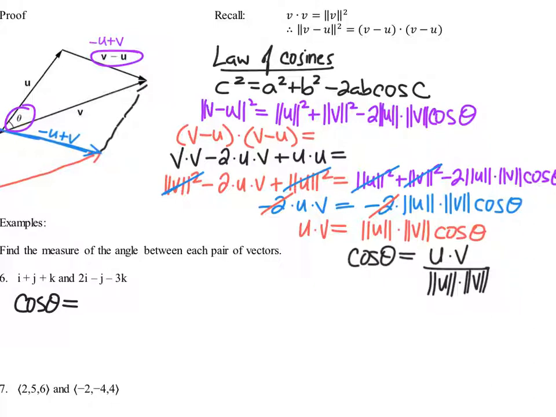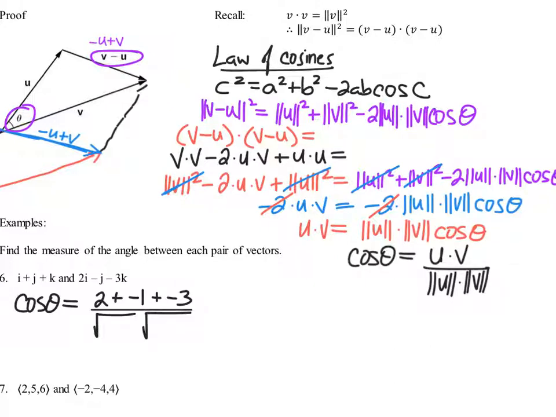So multiply and add on the fly. 1 times 2 is 2. 1 times -1 is -1. 1 times -3 is -3. Then we could sum that out in a sec, but the bottom would be the magnitudes of each: the sum of the squared values under a radical.